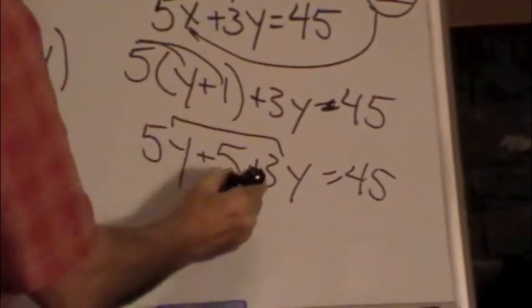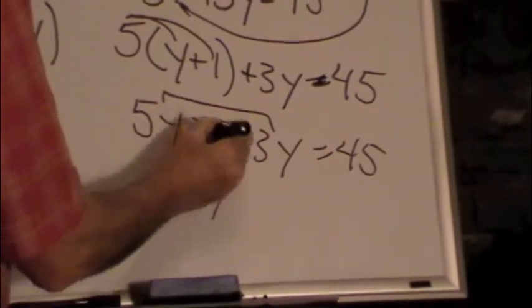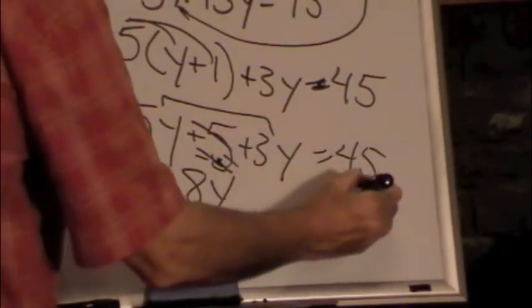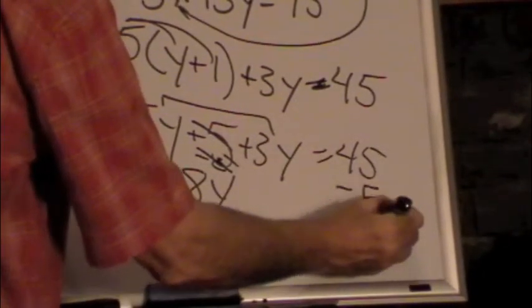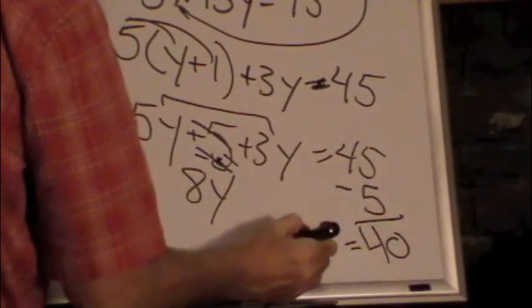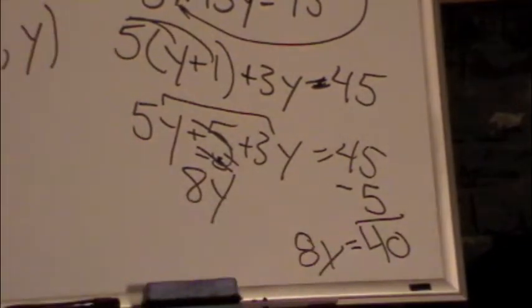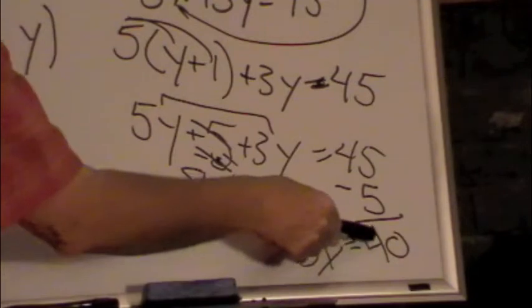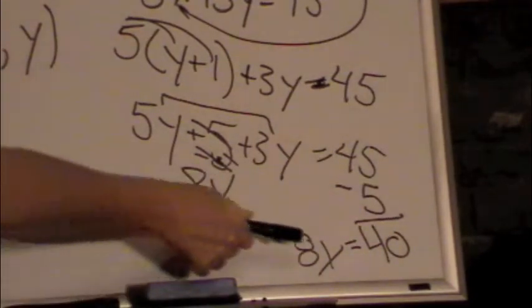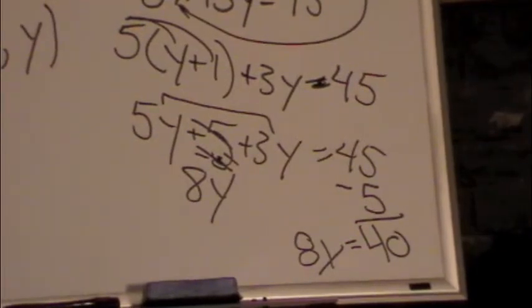All right, minus 5, let's get the 5 over here. So minus 5 there. Do you get that? So 40 equals 8 times y. So 8 times what gives you 40? Y equals 5. How about that, genius? You got it. How'd that work out for you?